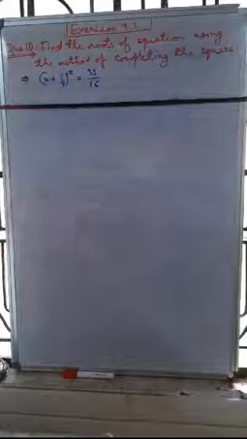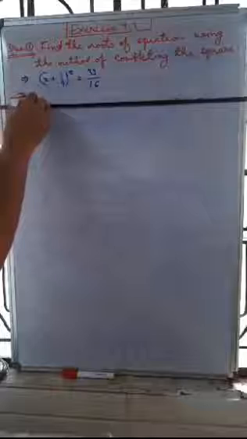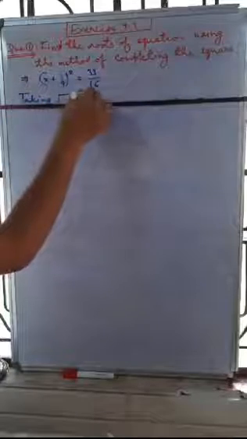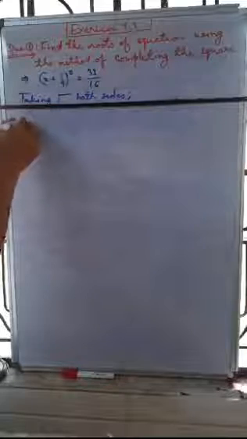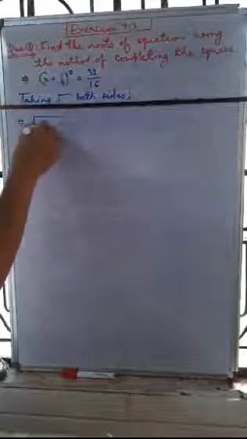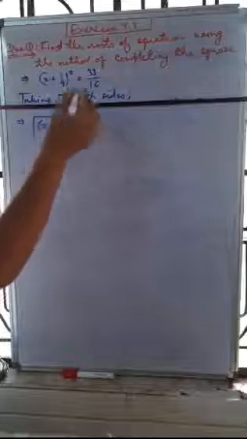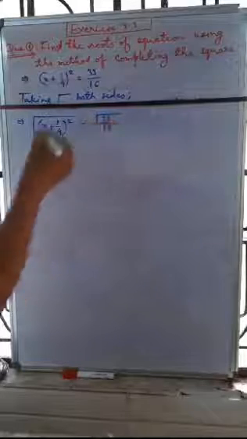So we need to calculate the value of x. So we can take under root. Taking under root both sides, we can write here under root x plus 1 by 4 to the whole square is equal to under root 33 by 16.